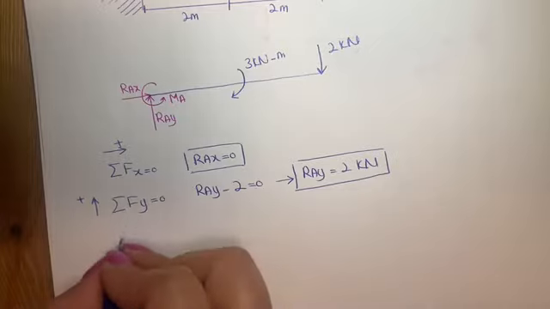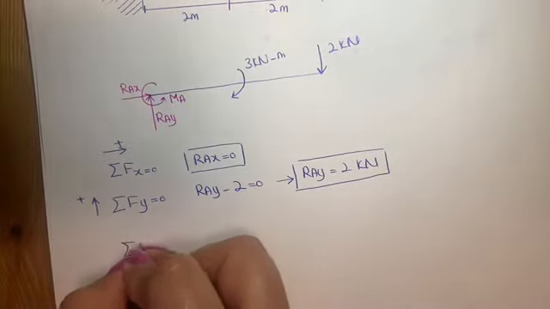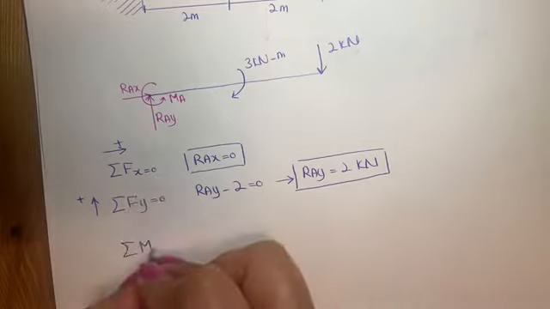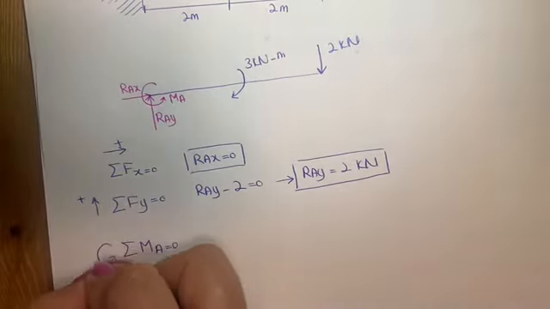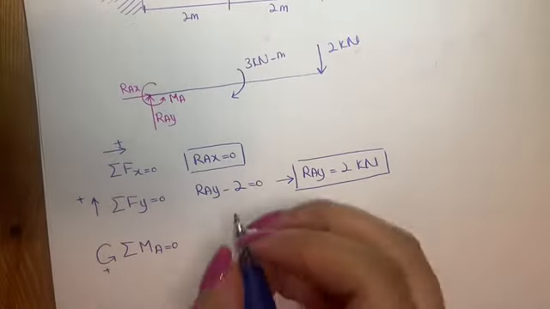And the last equilibrium equation is sigma M at point A equals to 0 with this direction as positive.